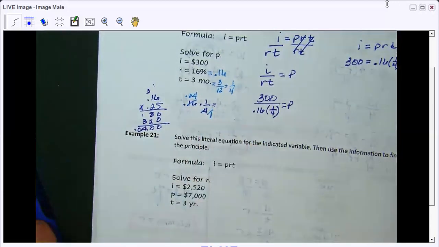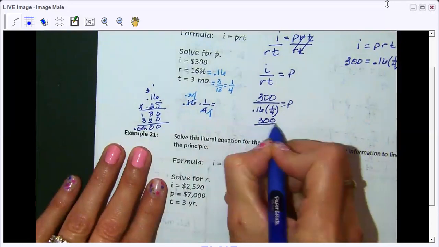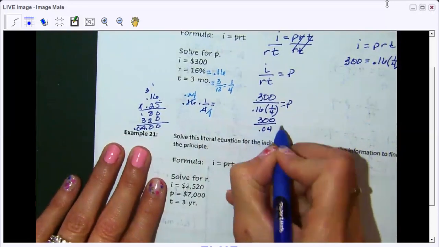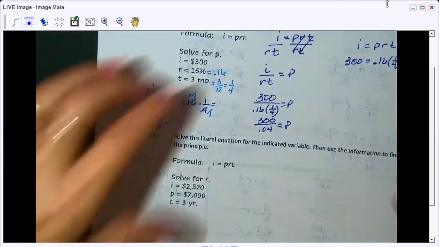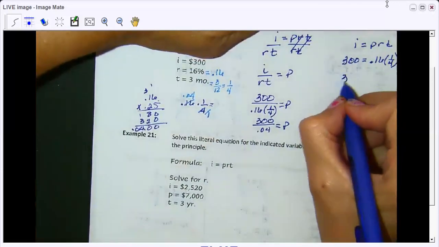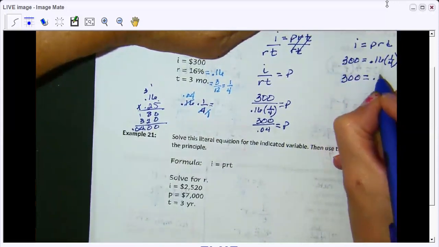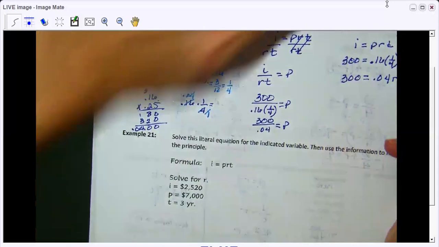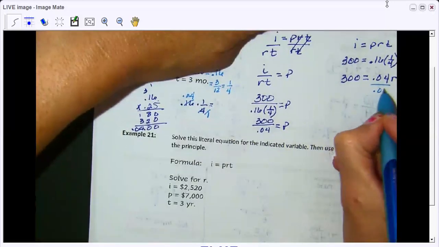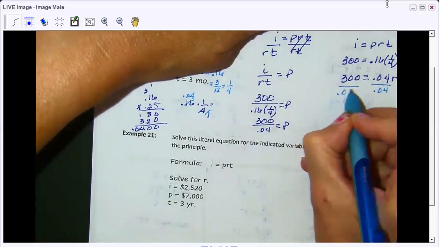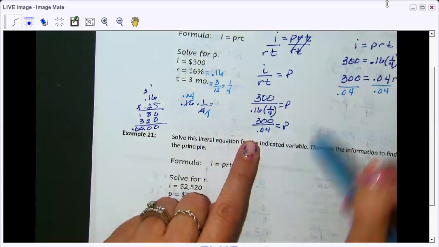So I end up with 300 divided by 0.04 equals P. Then you could divide both sides over here by 0.04, and now you're at the same place as you are down here. Notice that this method takes a lot more work.